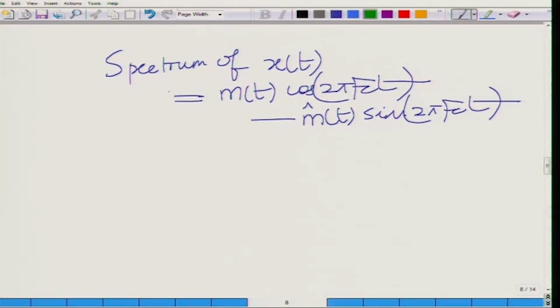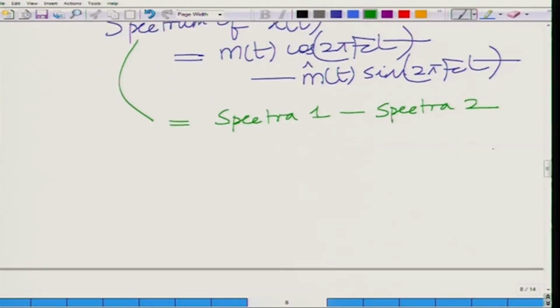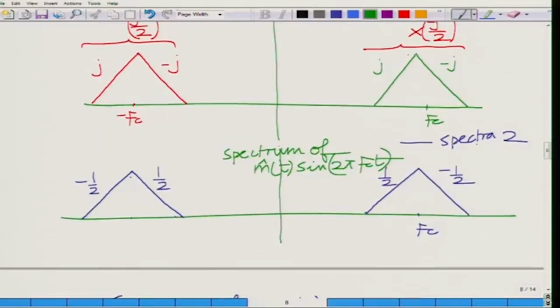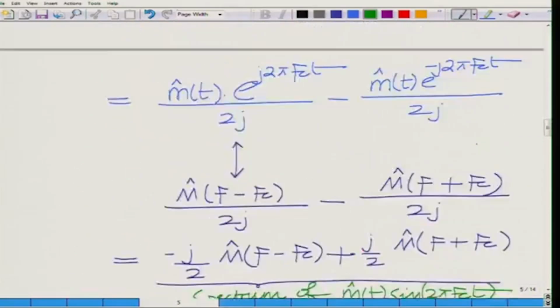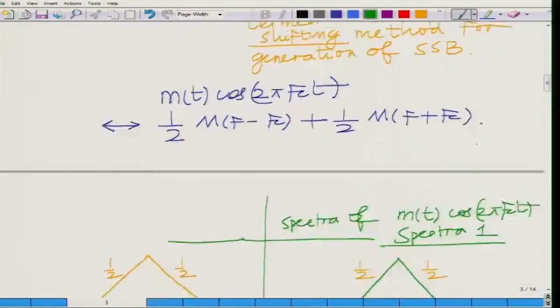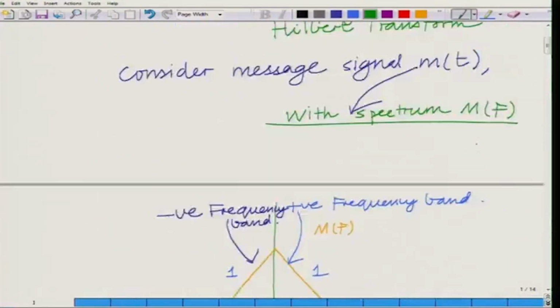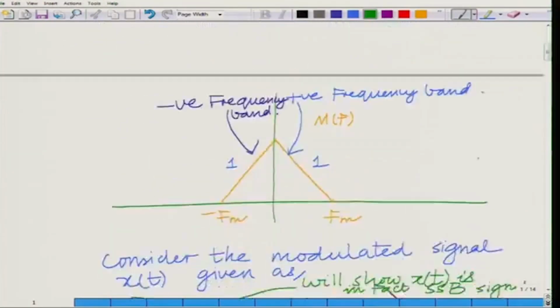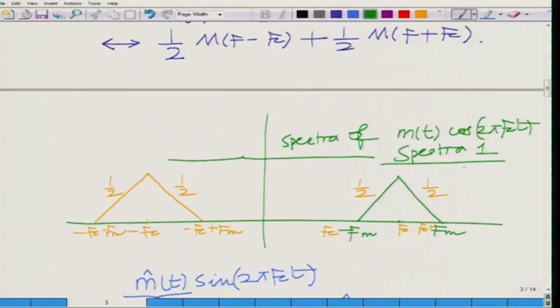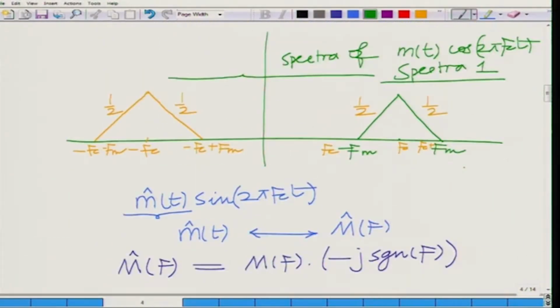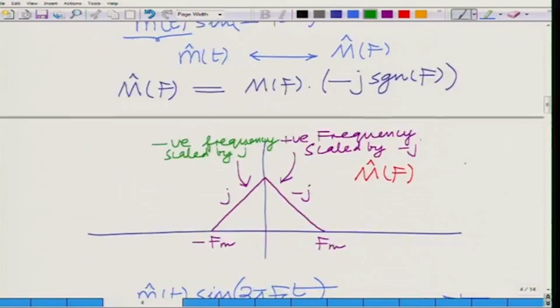This spectrum is equal to spectra 1 minus spectra 2. And now if you look at this, in this spectrum the upper side band is scaled by half, and the lower side band is scaled by half.